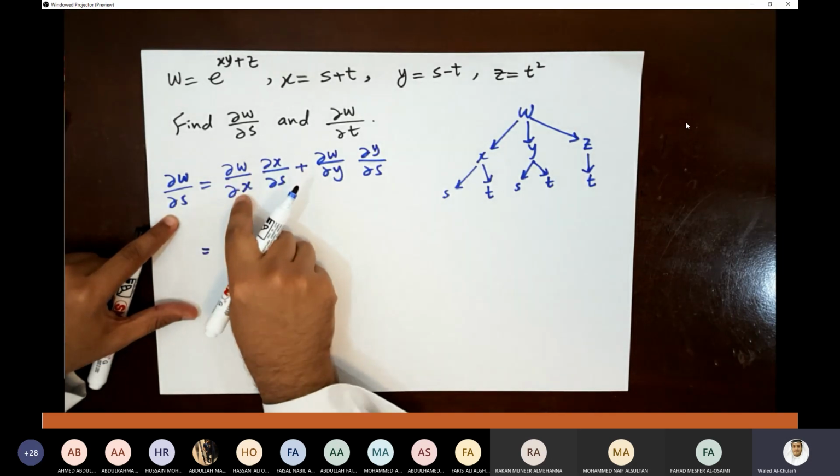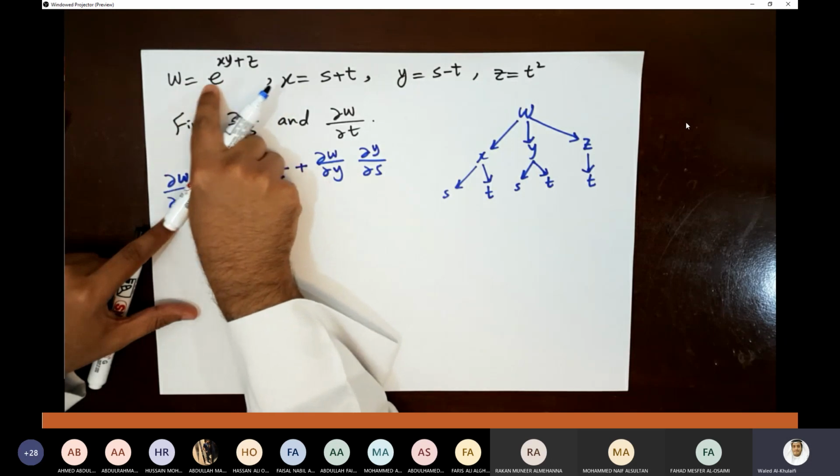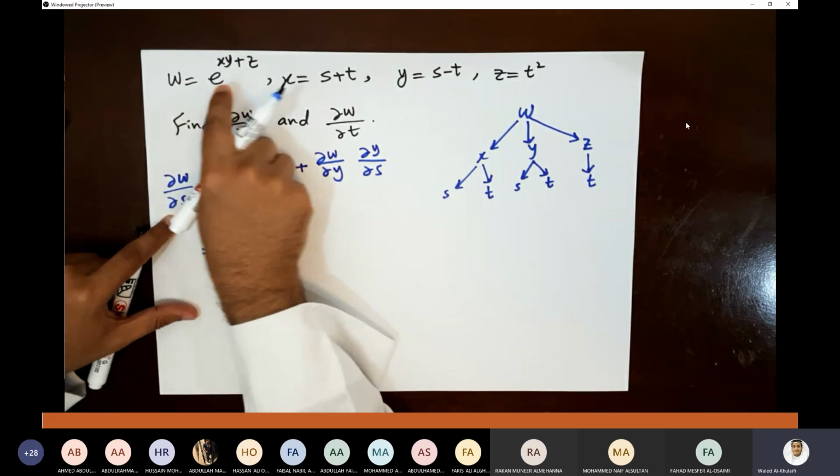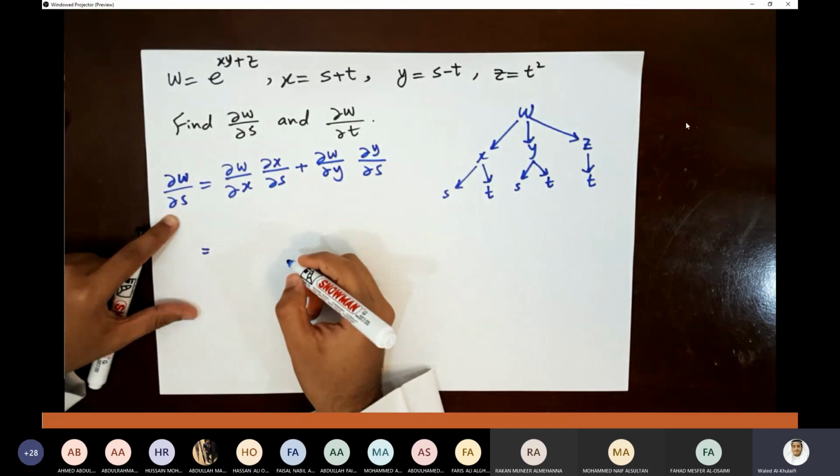So we continue with this one. Now partial W by partial X, what is it? This is the equation of W. So what is the partial W by partial X for this one? Anyone? Faisal, go ahead.